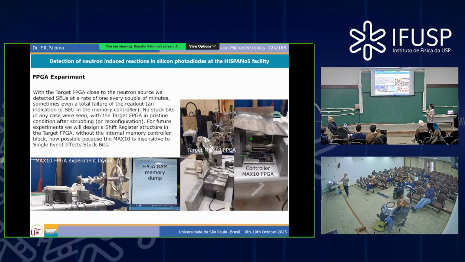For sure, we put the control FPGA under shield. This is a shield against neutrons and gammas, not against electromagnetic interference. Electromagnetic interference is not an issue when you are doing digital electronics. It wasn't an issue in this particular experiment. So we shot during a couple of hours a lot of neutrons against the memory cell in that FPGA.